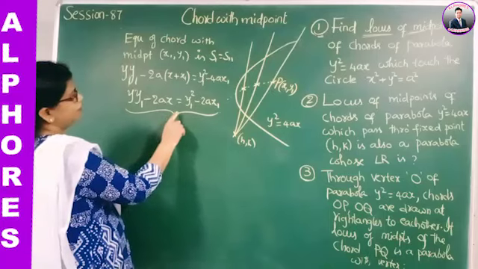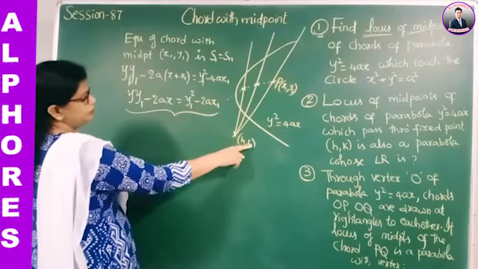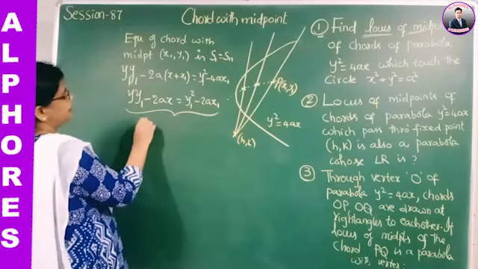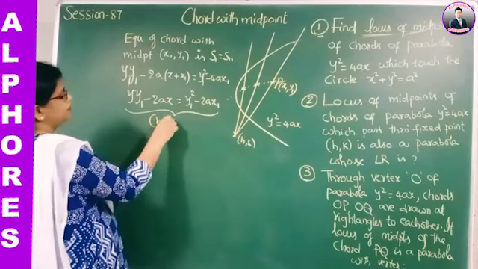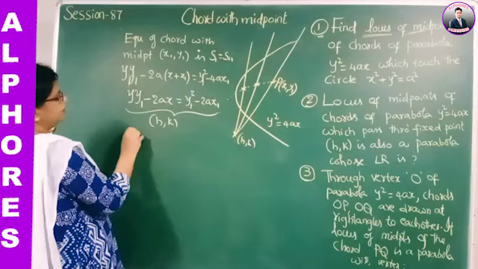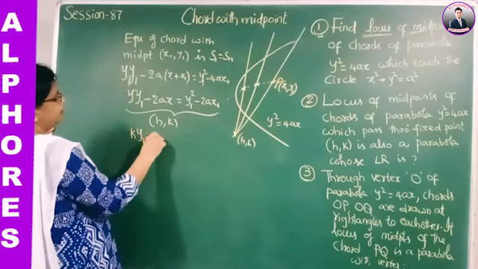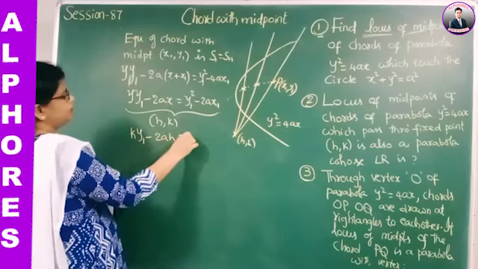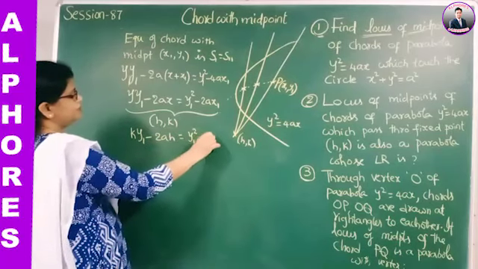Now this chord is passing through (h, k), so we substitute for x and y. Then this is k y1 minus 2ah = y1² minus 2a x1.